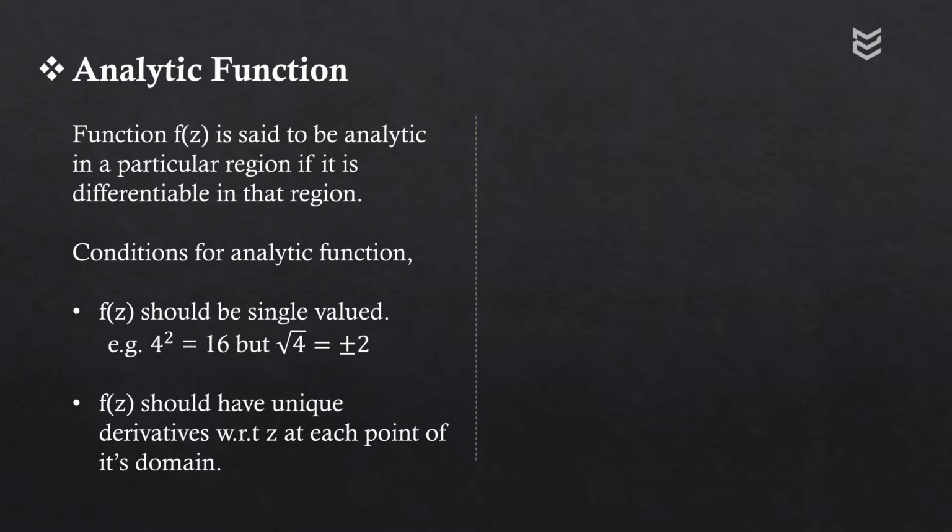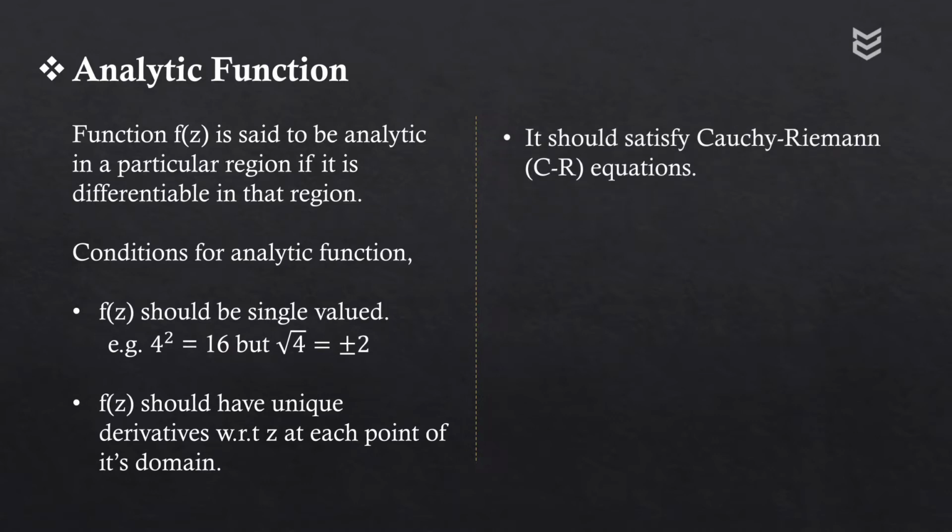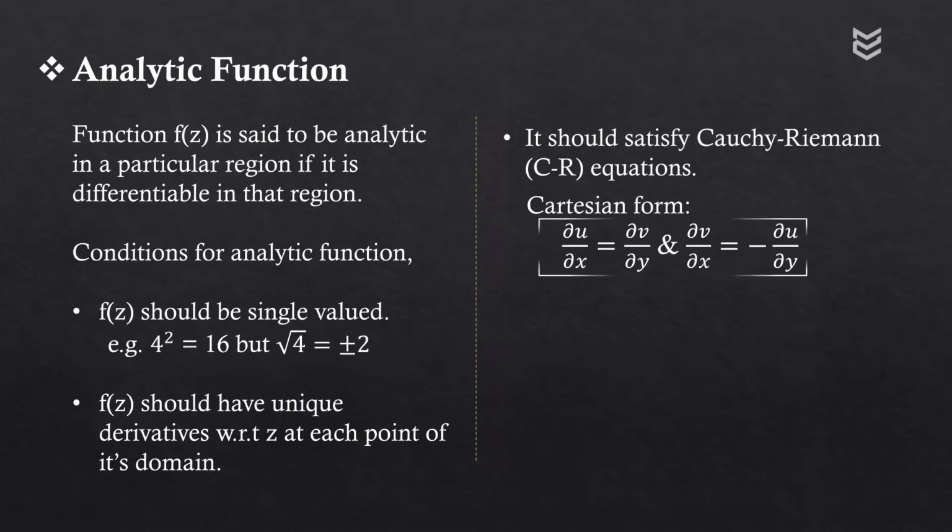The last condition is that it should satisfy the Cauchy-Riemann, that is CR, equations. For Cartesian form it is dou u upon dou x equals dou v upon dou y, and dou v upon dou x equals minus dou u upon dou y.